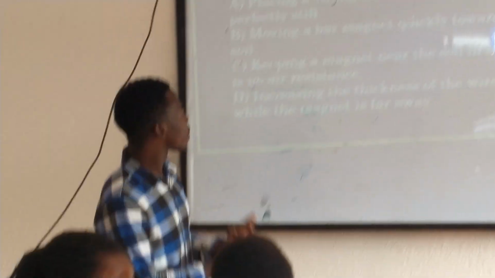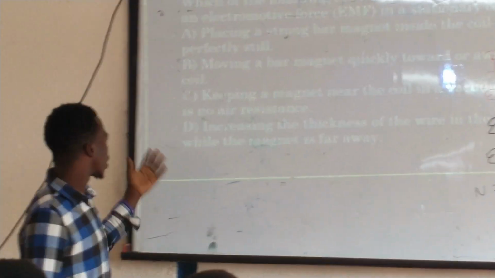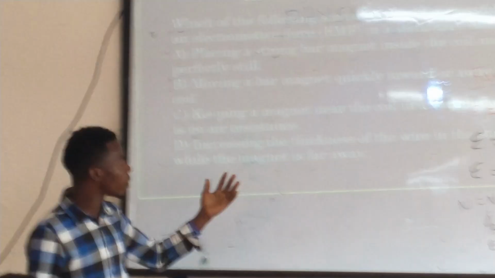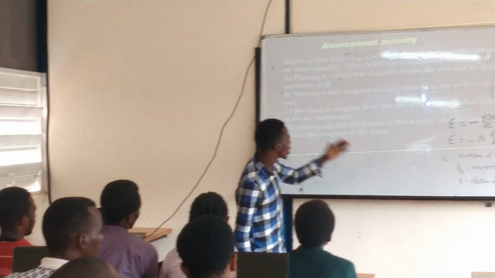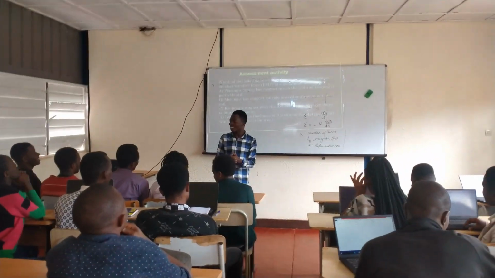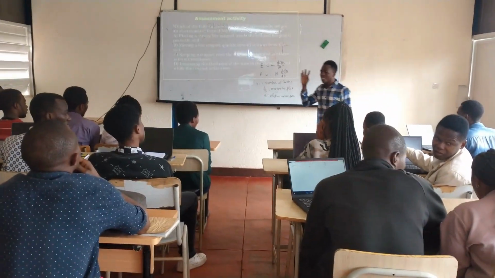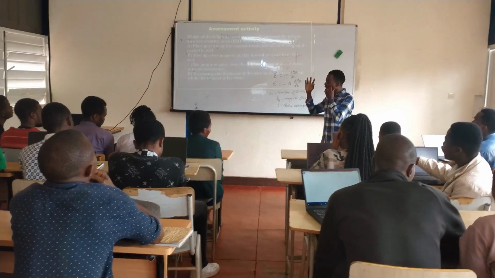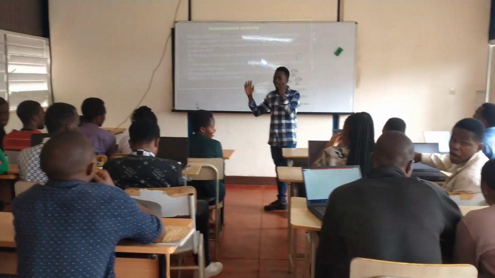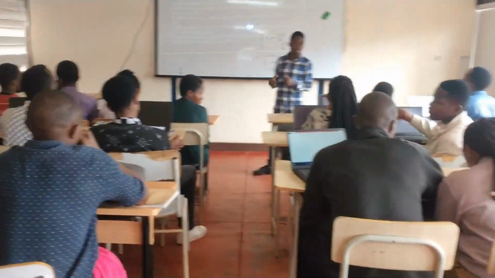C. Keeping a magnet near the coil in a vacuum where there is no air resistance. D. Increasing the thickness of the wire in the stationary coil while the magnet is far away. One of you will raise a hand and tell me the correct letter.